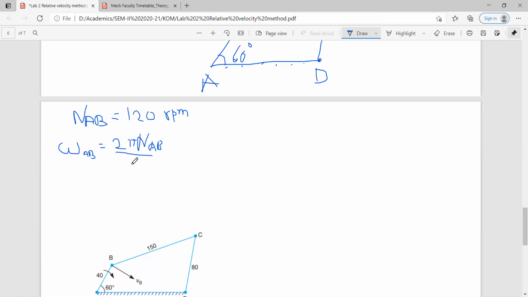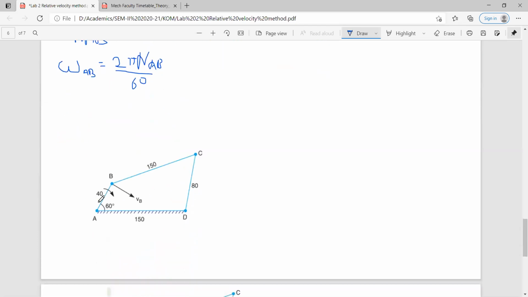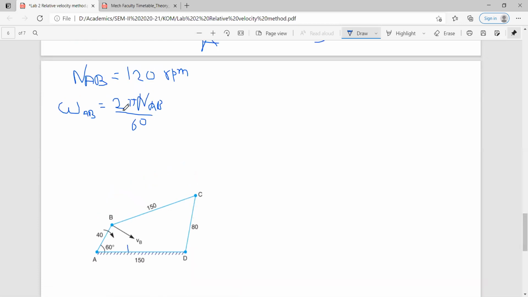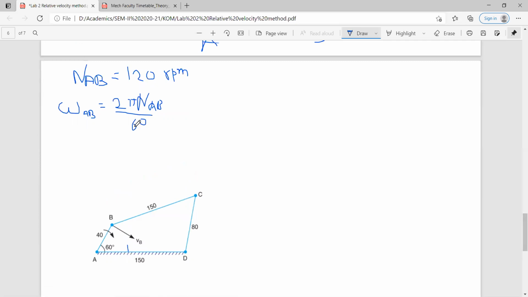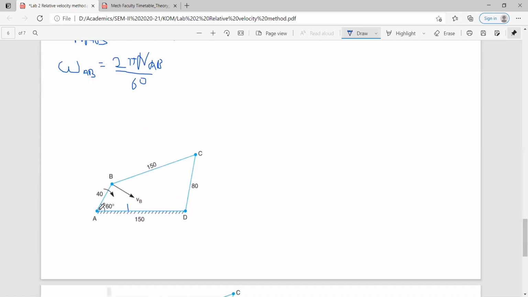So you can find out the angular velocity of link AB, and it is given as this link AB is turning in clockwise direction like this. Okay. So if you do the calculations, this is known to us, angular velocity of link AB. Now let us proceed towards finding the velocity.